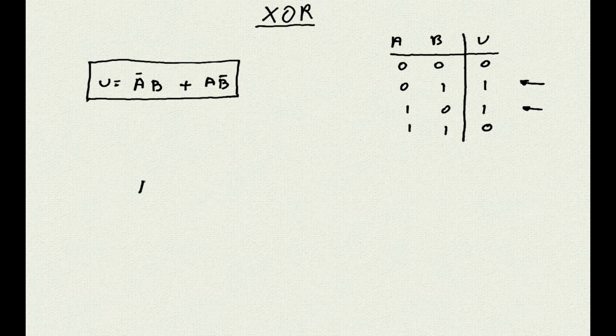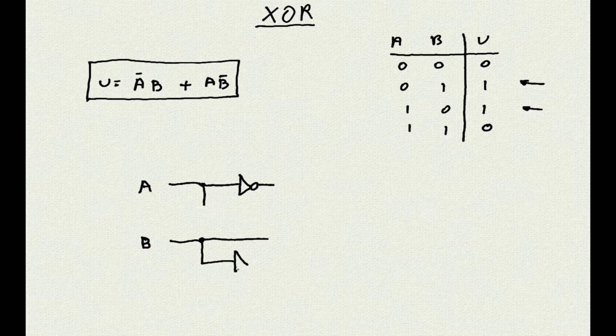Let's start by drawing the two inputs and the two wires on which we put them. Now, since we also need not A, let's add a NOT gate to the A. This way we can use the A or the not A depending on what wire we use. Since we also need the not B along with the B, we also add a NOT gate to the B input.